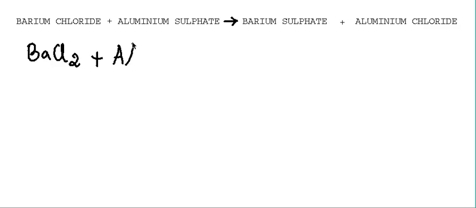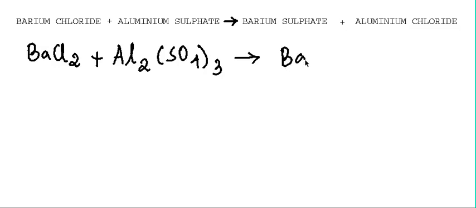Aluminium sulfate is Al2(SO4)3, because the valency of aluminium is 3 and sulfate is 2. Then barium sulfate we get BaSO4, that's because both of them have similar valency, that is 2, and AlCl3 for aluminium chloride. Now once we get this, we need to draw the similar kind of table.